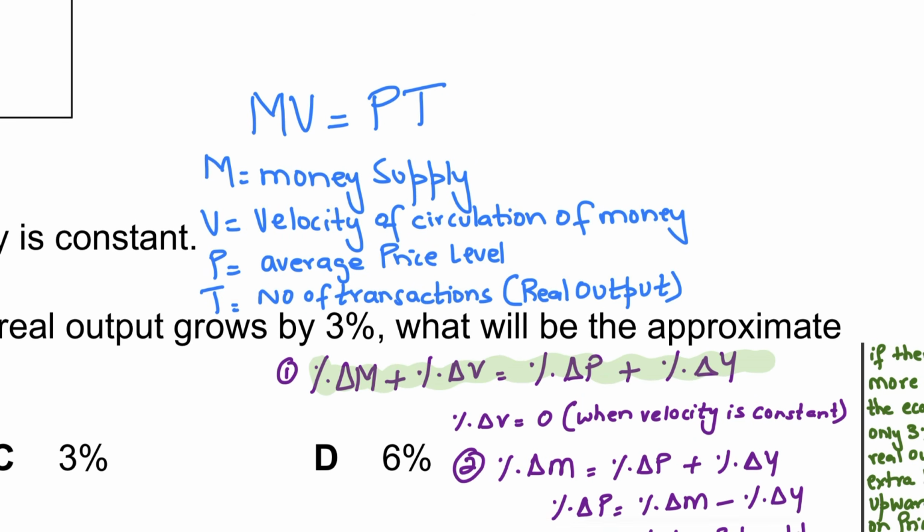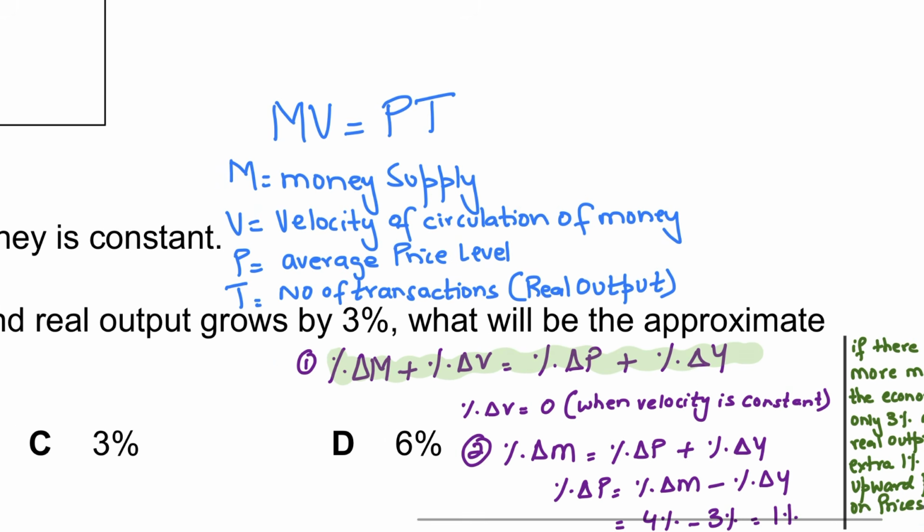You must know that if MV equals PT, M is the money supply, V is the velocity of circulation of money, which the monetarists assumed as constant. P is your average price level, T is your real GDP or the number of transactions. If you multiply P times T, the price level by the output, you get the nominal GDP.